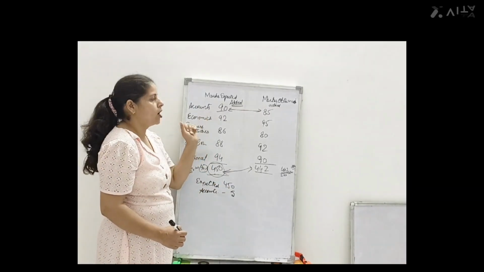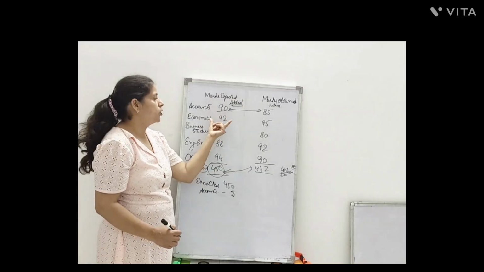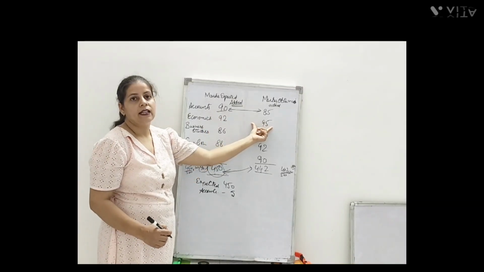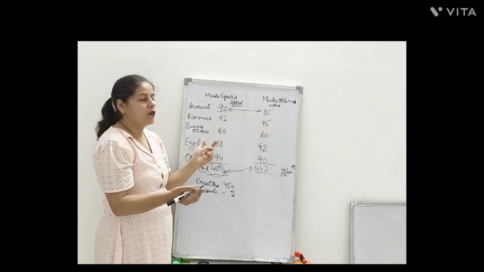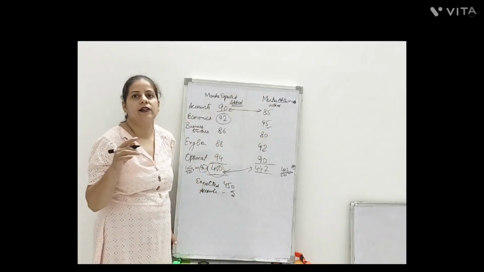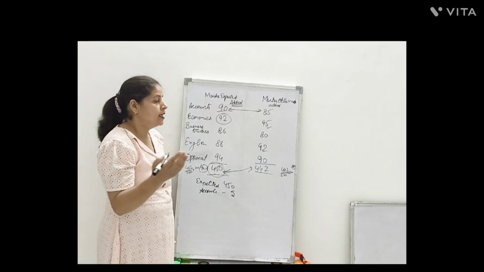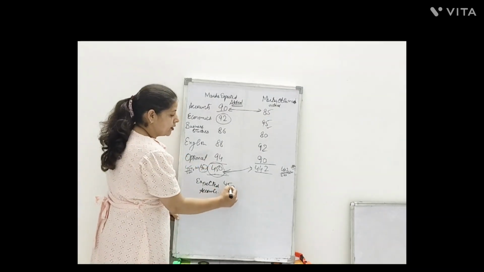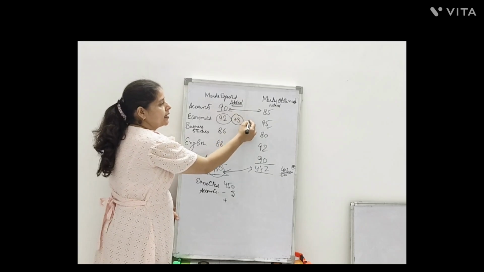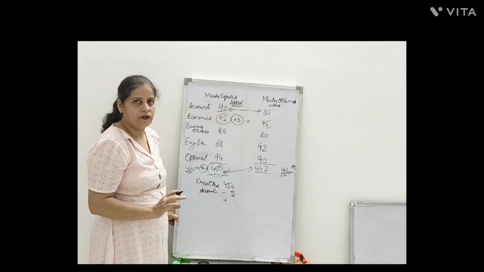Now let's go with economics. Economics he thought it to be 92, but actually he scored 95. He has done a better performance. He has added 92, but the report card was 95. So that means the 450 marks should be given a plus 3 to reach 95, right?